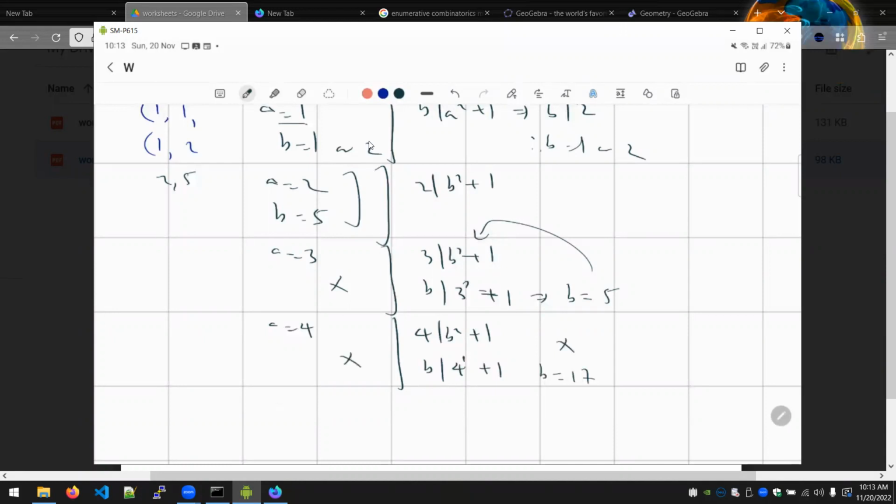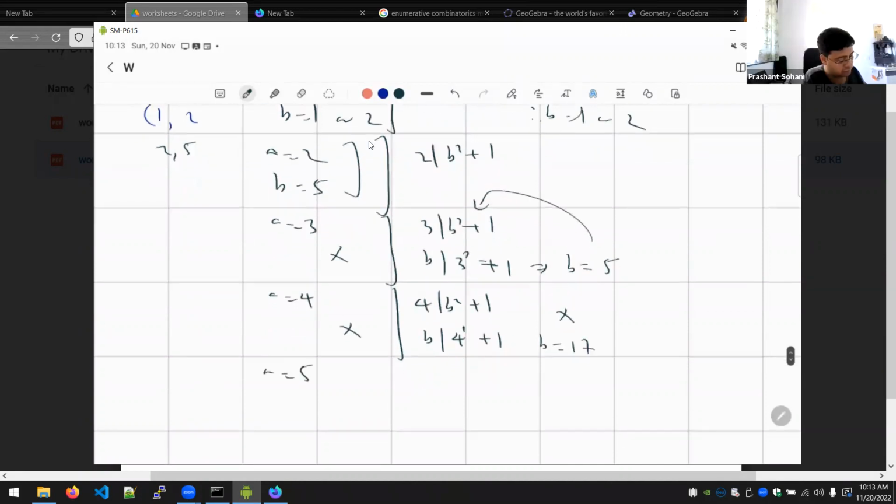Okay. Then next A is equal to 5. So 5 divides B squared plus 1, and B divides 5 squared plus 1.